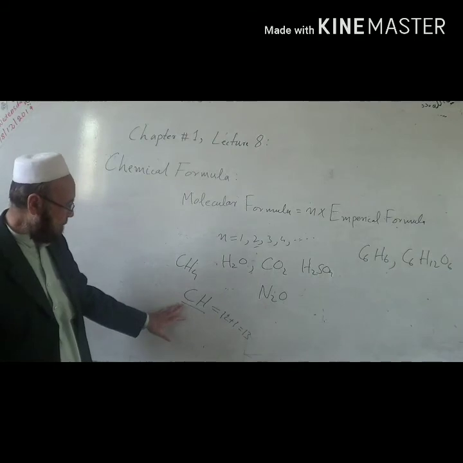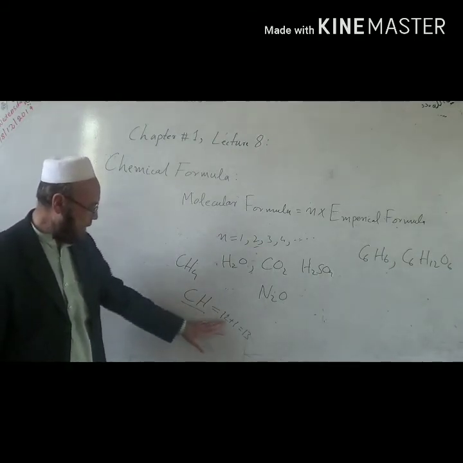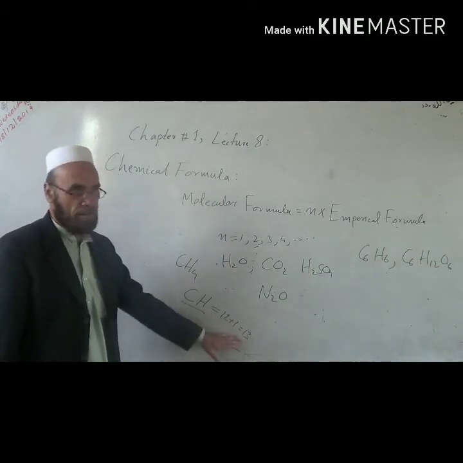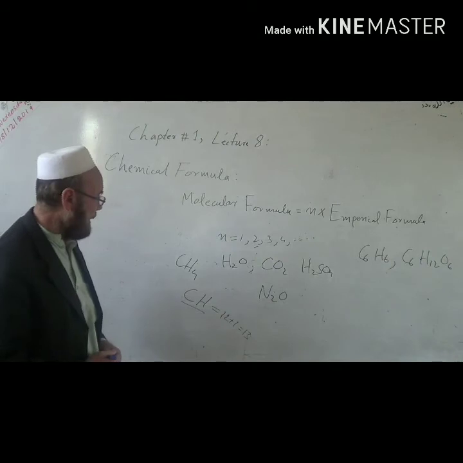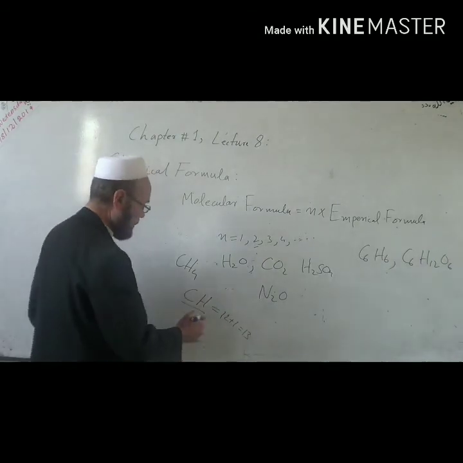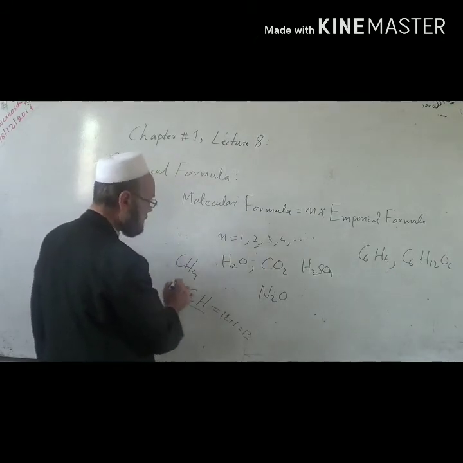As we know that the atomic mass of carbon is 12 and that of hydrogen is 1, so its empirical formula weight is 13. This is the empirical formula weight.